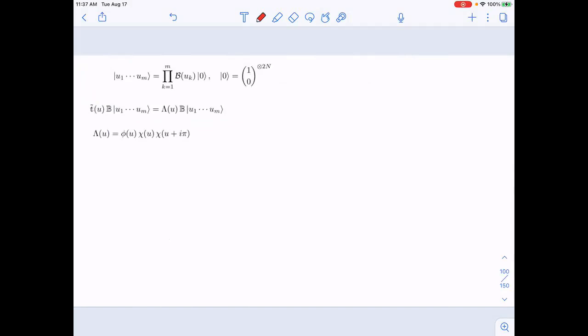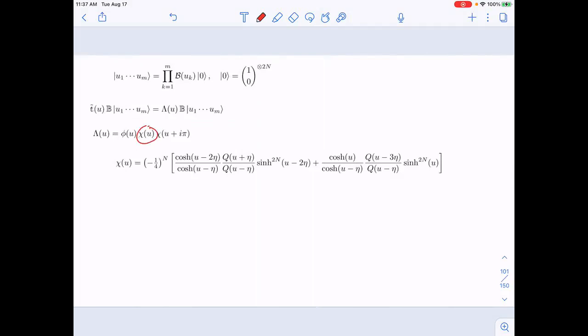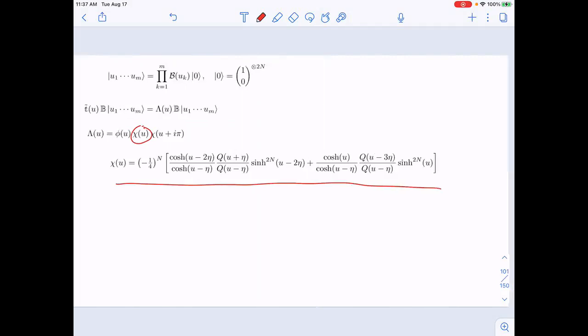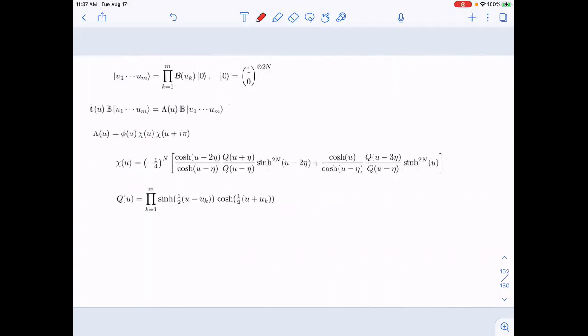Again, from this factorization identity, it is just the product of the eigenvalues of this ordinary T of u, the A11 transfer matrix, again, up to this simple overall scalar factor, phi. And then these chi's we know from the algebraic Bethe ansatz, and it's given in this formula here. Details are not so important, where Q is the Q function, which I've written here.